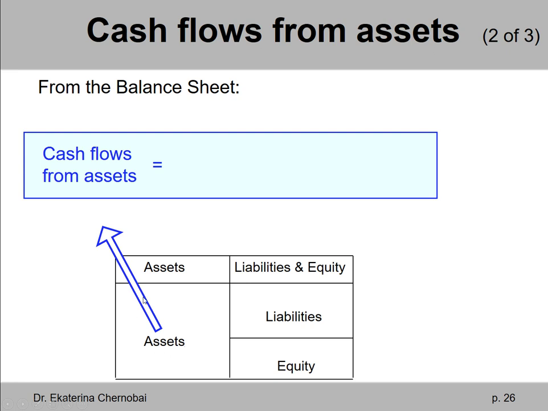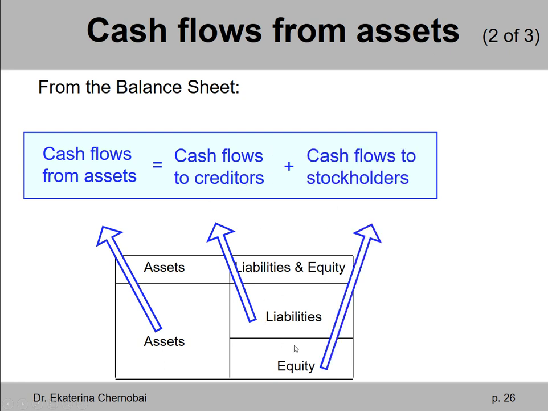And then what do we do with all the money that the assets generated for us? We spend it. We pay some of it to our creditors. So liabilities is like cash flows to creditors over the years. And then the rest goes as payments to stockholders, such as dividends. So cash flows from assets equal cash flows to creditors plus cash flows to stockholders.